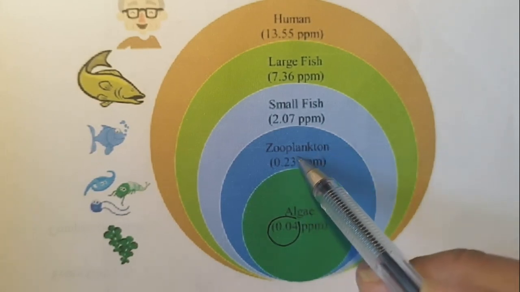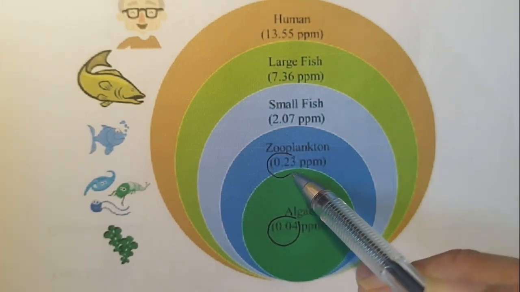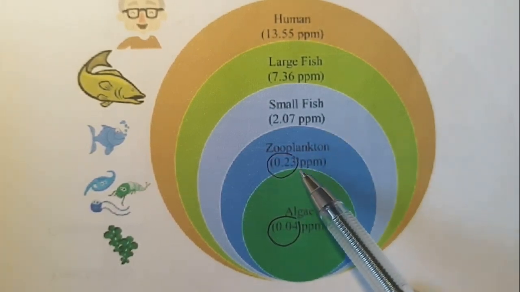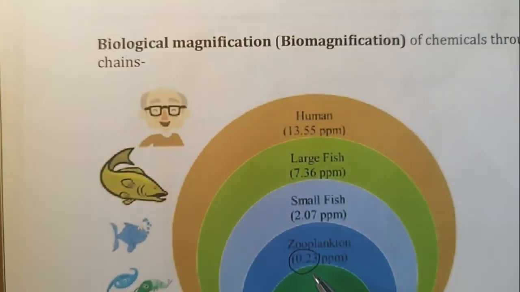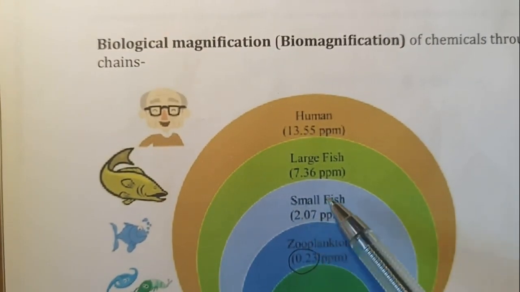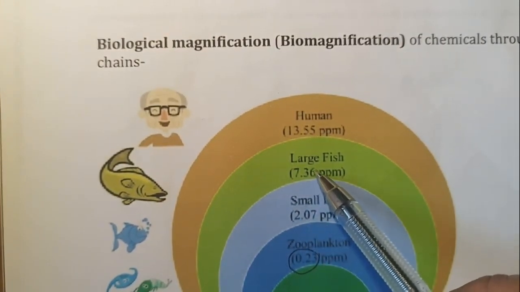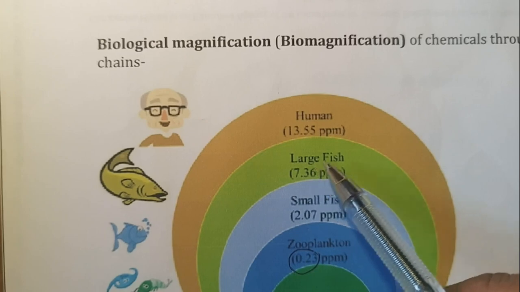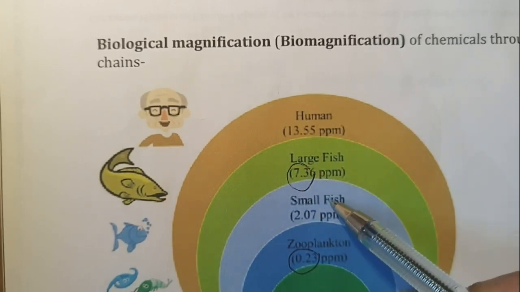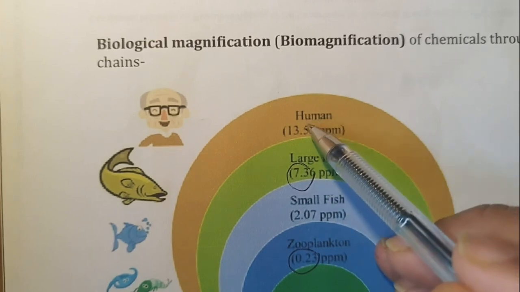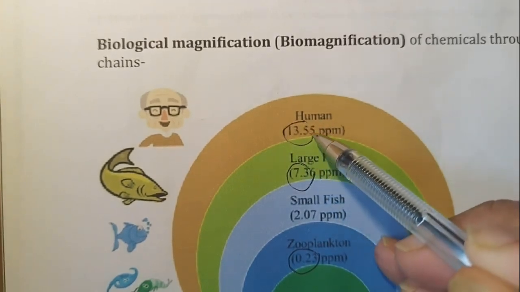They have a higher concentration of chemicals and pesticides in their bodies. Then the small carnivores, small fish, have even higher. The medium-sized or large-sized carnivores have much higher concentrations of the chemicals and pesticides, and we human beings have even more concentration in our bodies.